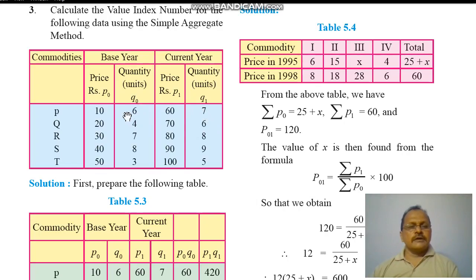Let us read the third problem. Calculate the value index number for the following data using simple aggregate method. Here commodities P, Q, R, S, T are given.